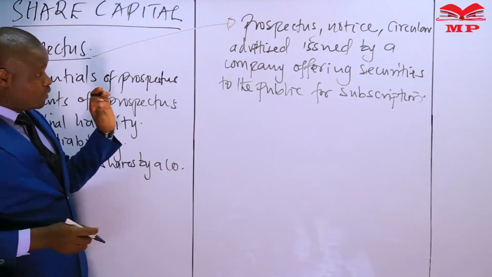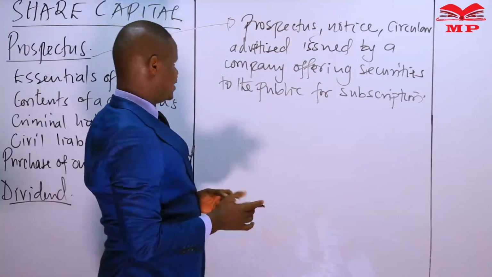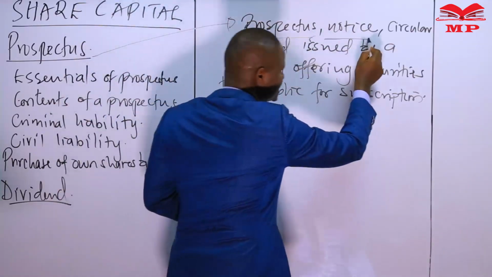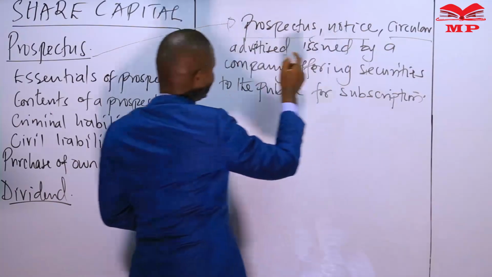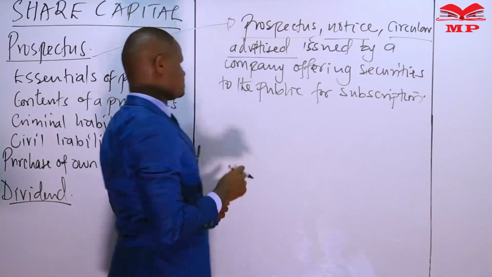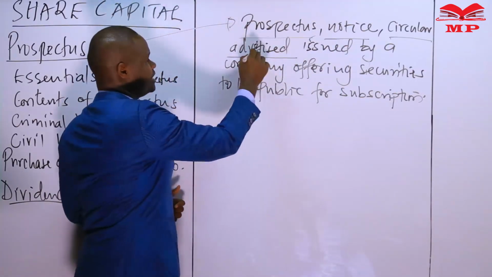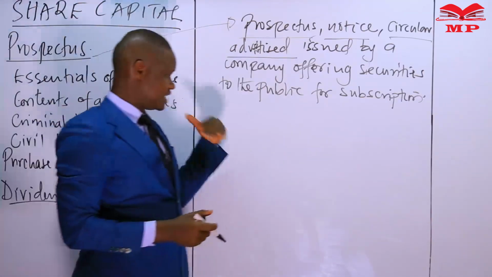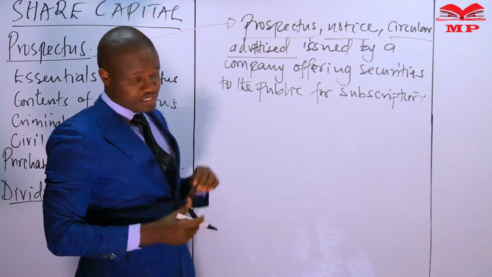So quite a number of words have been used to describe this document, that it is a prospectus, that it is a notice, it is a circular, it is an advertisement issued by a company offering securities to the public for subscription.